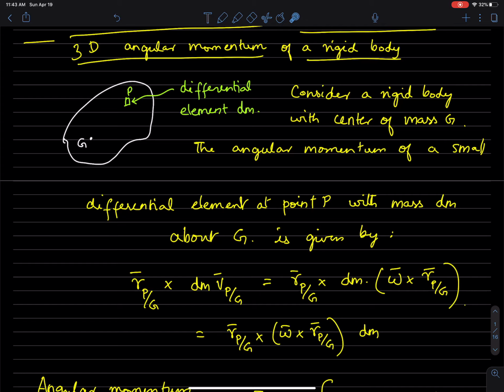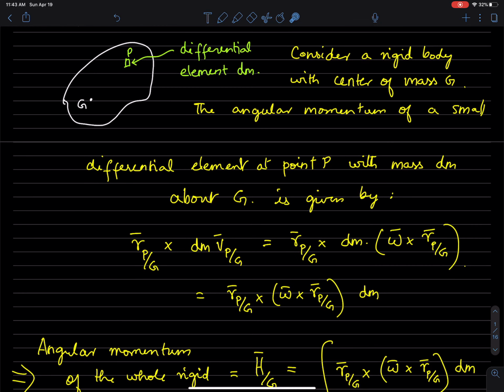So what do we have here? We can simplify that a little bit. Vp with respect to G, what is that?